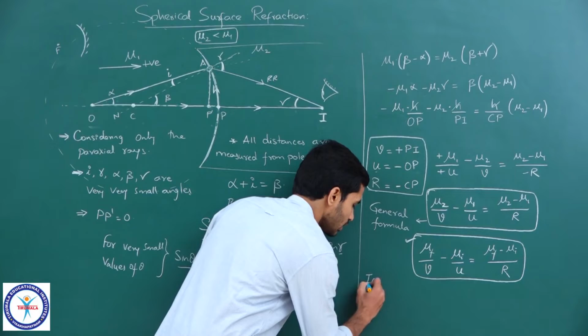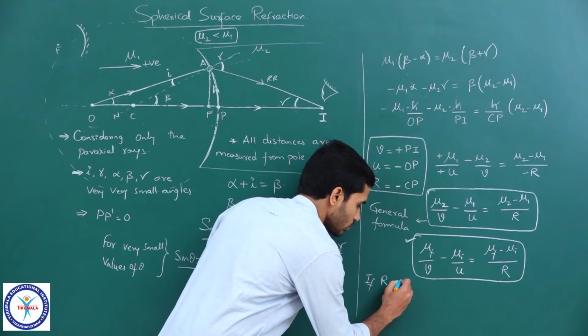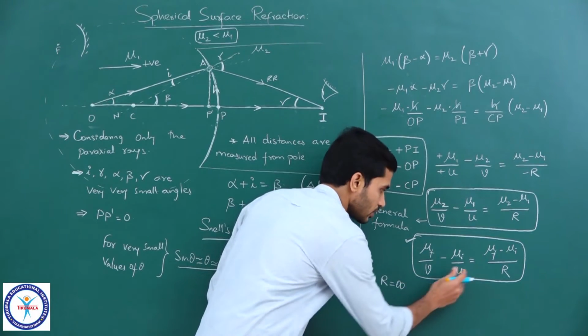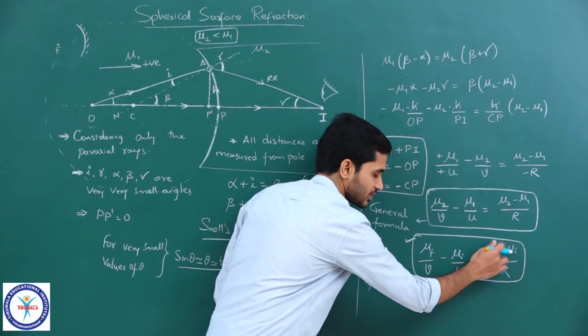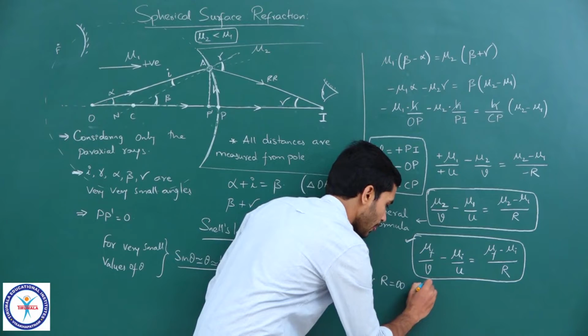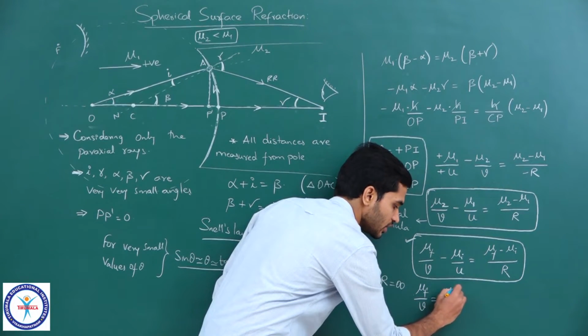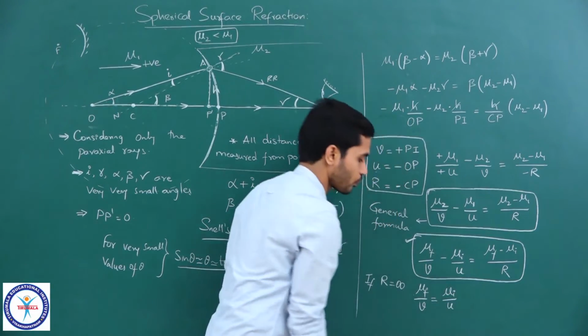Let me write it here. If r is equal to infinity, I am getting this is 0. When this is 0, if I send this to the other side, I would get mu final by V is equal to mu initial by U.